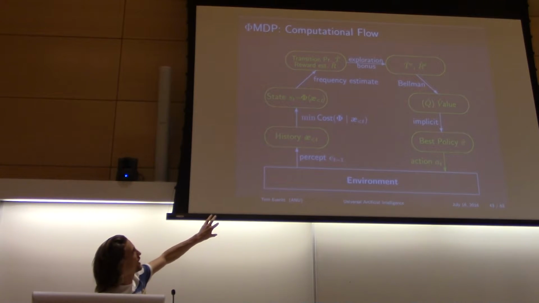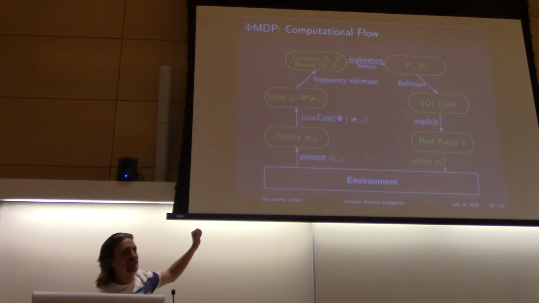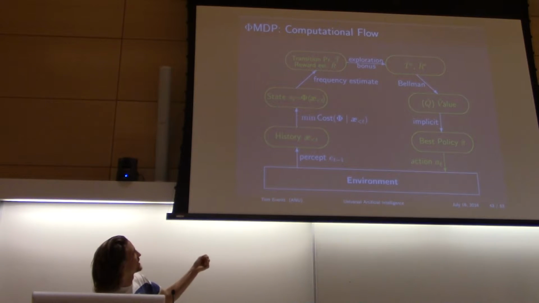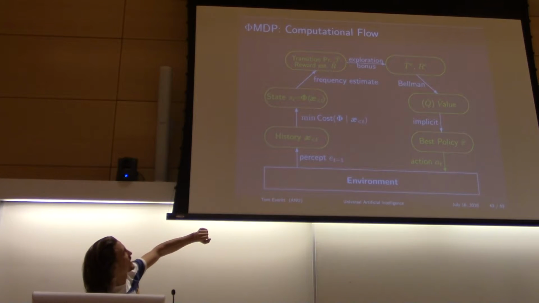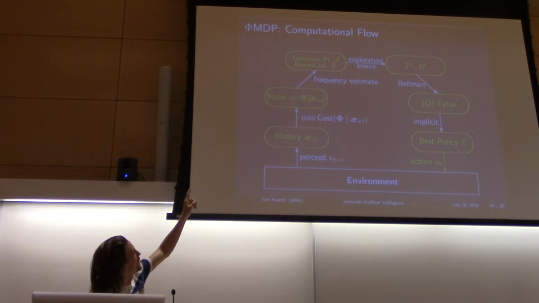Basically, how well do the states generated by this phi explain the history? And once you have this map phi, then you know what state you've been in, or at least think you've been in, and then you can use standard MDP techniques, standard reinforcement learning techniques on this inferred state representation, and do all the learning and planning on those, and take an action based on that.